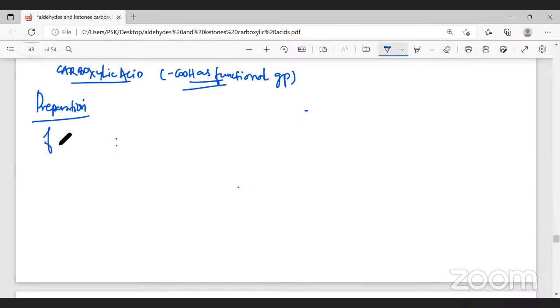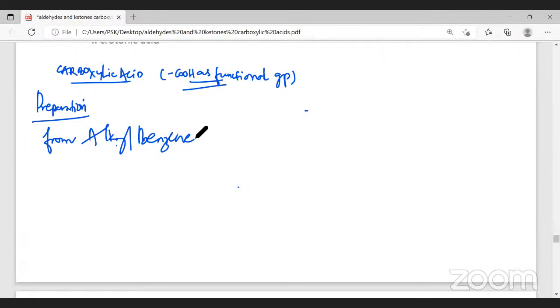Second method is from alkyl benzenes. Alkyl benzenes on oxidation give carboxylic acid. For example, if you take toluene, C6H5CH3, this is an alkyl benzene, commercially called toluene.